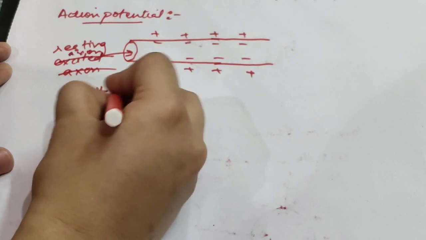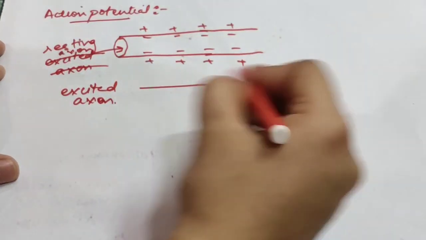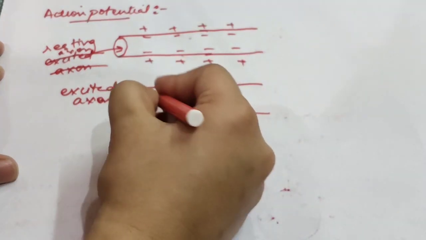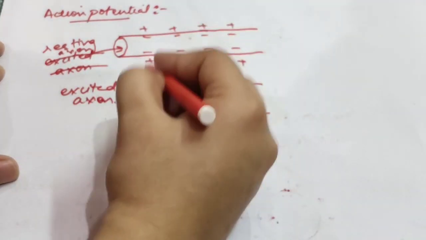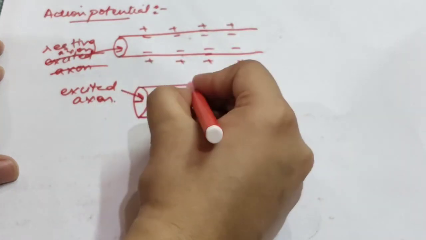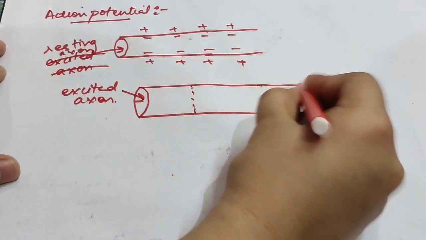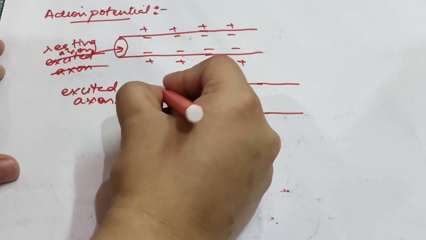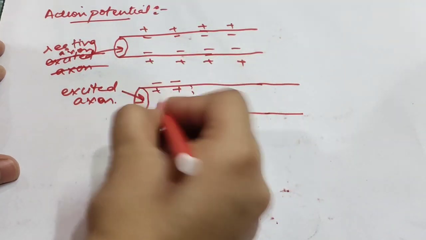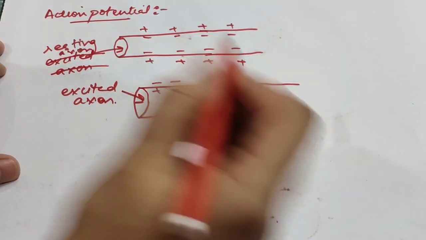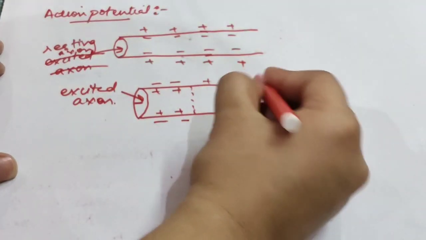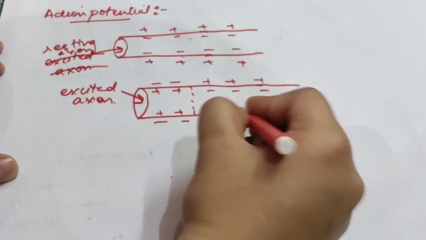When the axon is excited, the starting portion becomes depolarized. That means the inside becomes positively charged with respect to the outside, or we can say the outside becomes negatively charged with respect to the inside, and the other parts of the neuron remain in the inactive state.